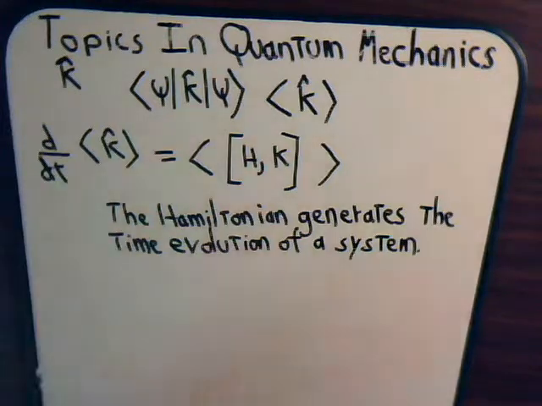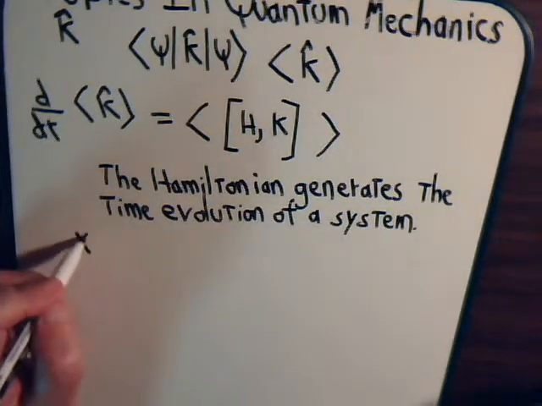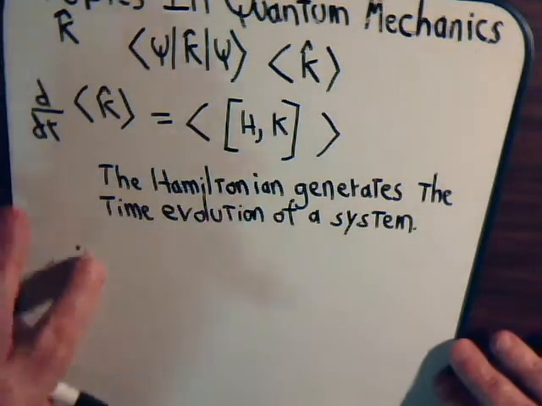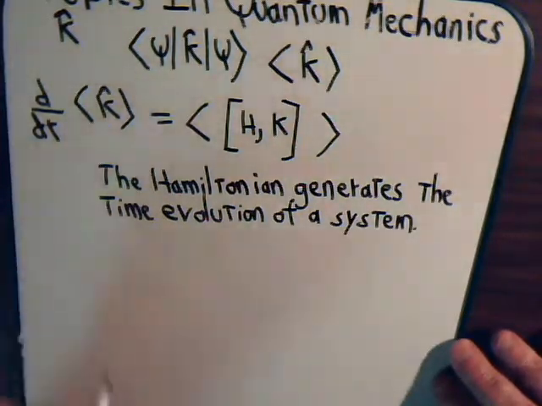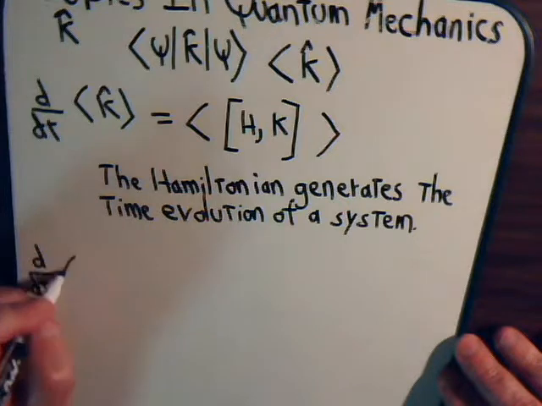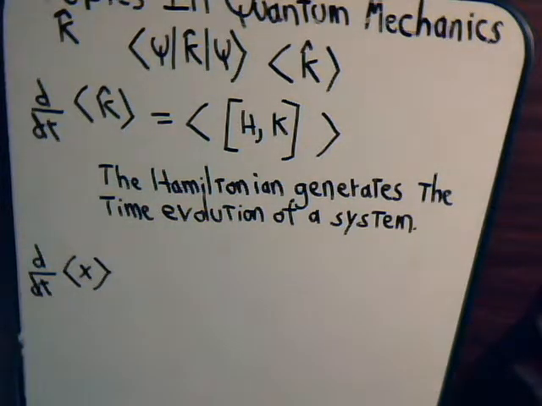So let's see then, let's apply this, not just to an observable K, but to the position x. Remember that that's the position operator. So what that's going to say then is just d dt of x, its coordinate along the x-axis.